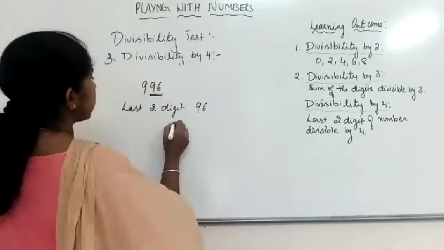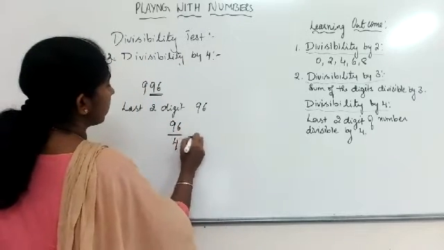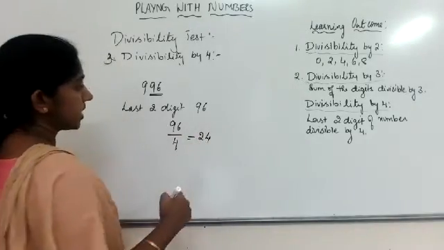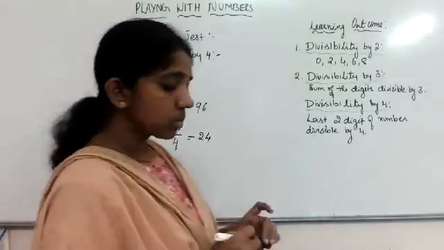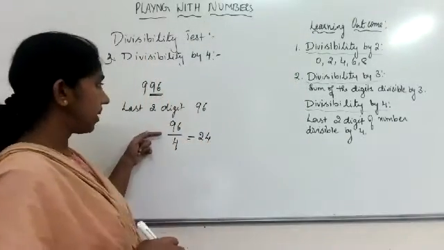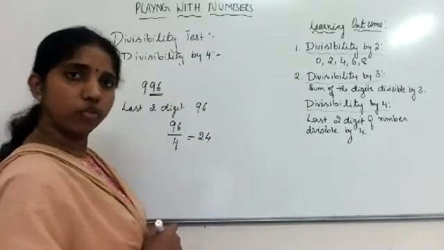So let us see 96 divided by 4. What do you get? 4 2s are 8, 1 is a carry, 4 4s are 16. So it is 24. That means we have a 0 remainder, a perfect quotient. That means 96 is divisible by 4.